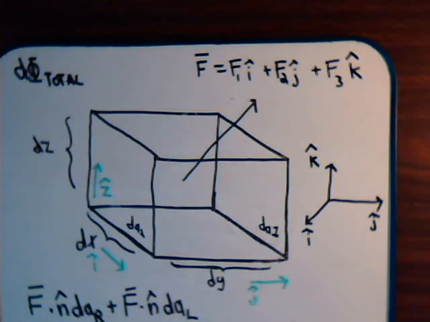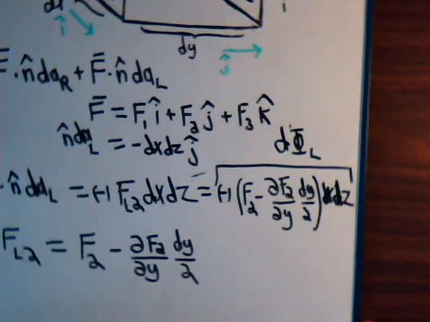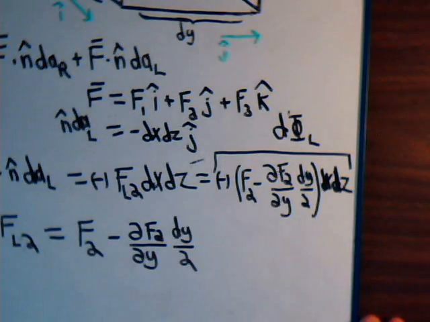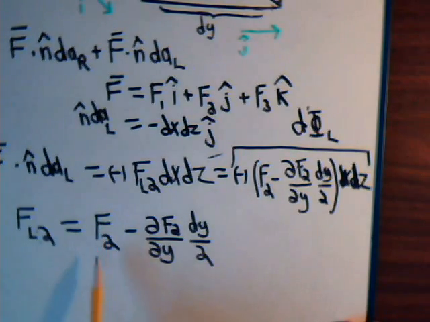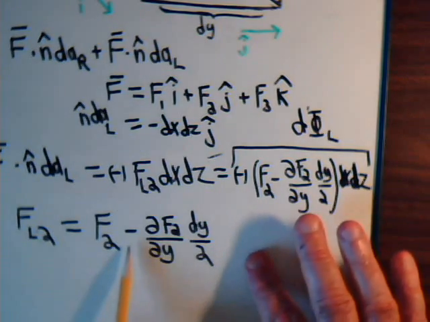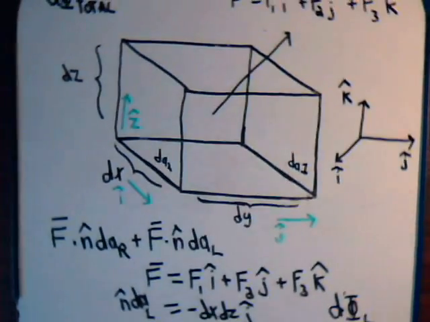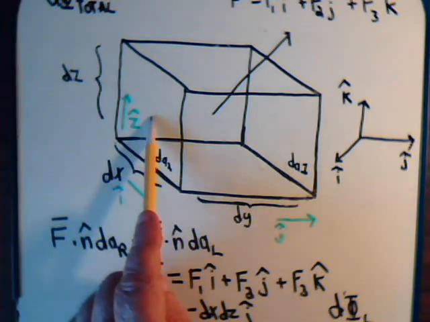But we're interested only in the F2 component, because these will be 0 when we take the dot product. So how does F2 change? It'll be what it was originally. Now I've gone a distance of minus dy over 2, but this partial derivative tells us how F2 changes with respect to the variable y times the amount of change of the variable y. That will be how much the F2 component changes when we shift position from here over to here.